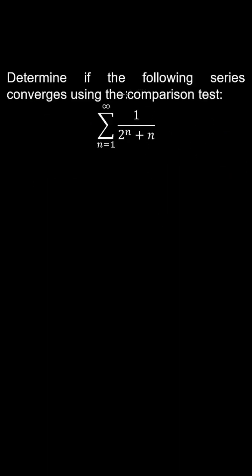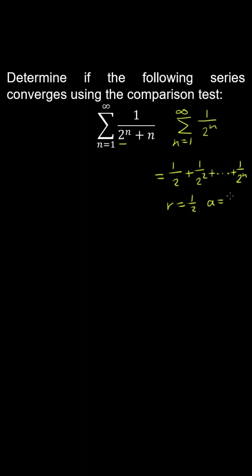Let's determine if the following series converges using the comparison test. So as n becomes large, we can see this term is dominant, and we can construct the following series to compare against. And if you expand this series, we get 1/2 plus 1/2 squared, and so on. So you may now recognize this as a geometric series with a ratio of 1/2 and a equals 1/2.